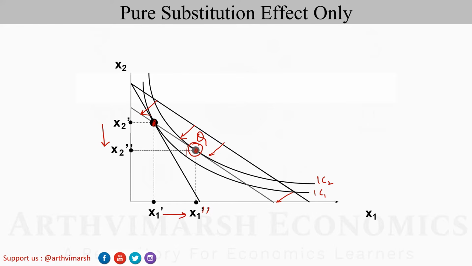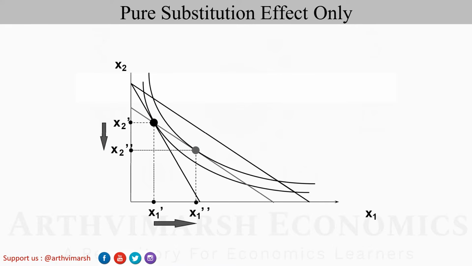So your bundle has more of x1 and less of x2, which should happen intuitively as well, because x1 is cheaper. So you are able to afford more of x1 at the optimal consumption point. This is the pure substitution effect taking place. Your x1 is substituting for x2.